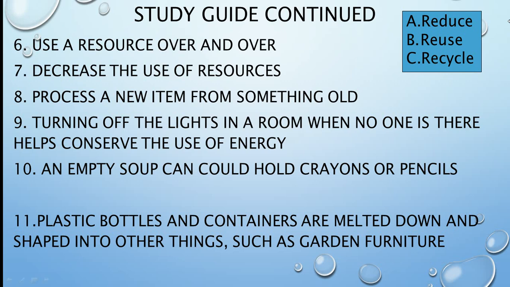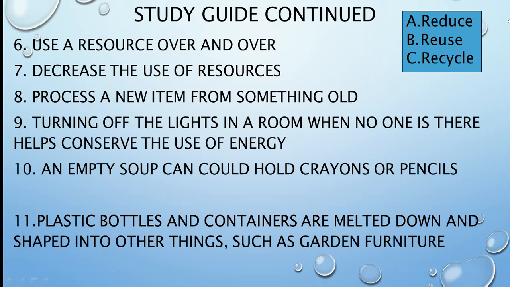Good. Here we have choices of reduce, reuse, or recycle. You're going to get to choose these on your own. Number 6, use a resource over and over. What are you thinking? Could be reuse, could be recycle, right? Decrease the use of resources: probably reduce. Process a new item from something old, right? That could be recycle.